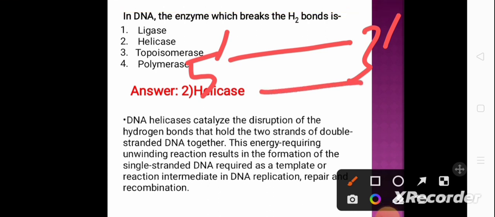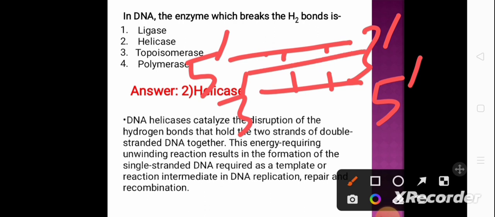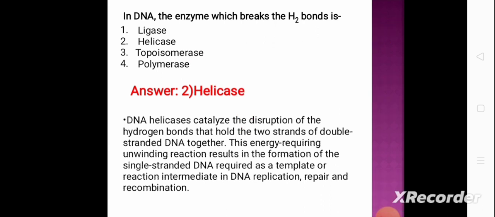Again this is the 3' end, this is the 5' end, and these are the hydrogen bonds, and these hydrogen bonds are broken by this helicase and it produces two single strands.